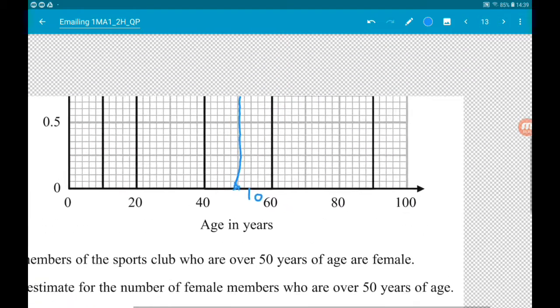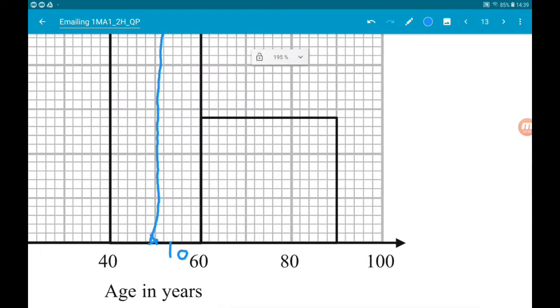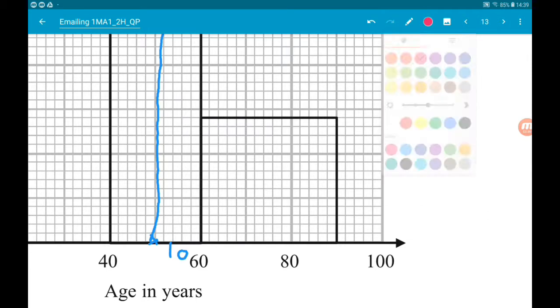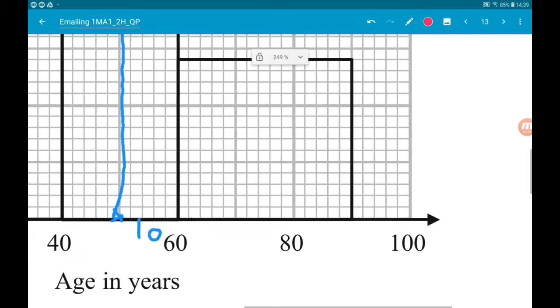So now we need the area of the last bar. So the interval goes from 60 to 90. So the interval width is 30.